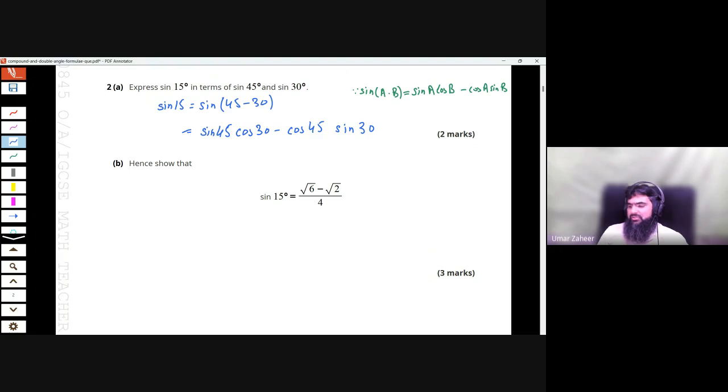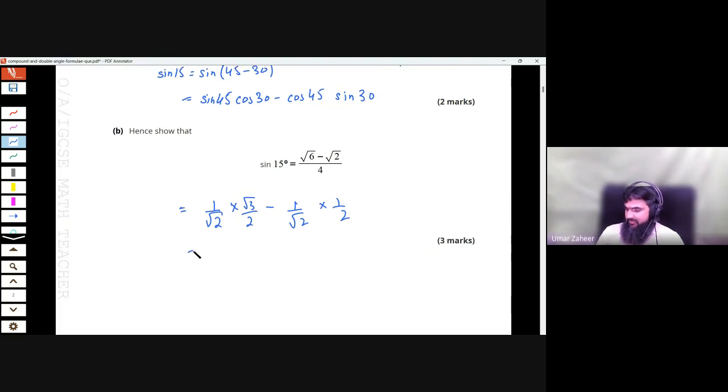Sine 45 is basically 1/root 2, and cos 30 is, I forgot, check the value of cos 30. It is root 3/2, I think. So root 3 divided by 2 minus cos 45, that is exactly the same 1/root 2, times sine 30, which is 1/2.